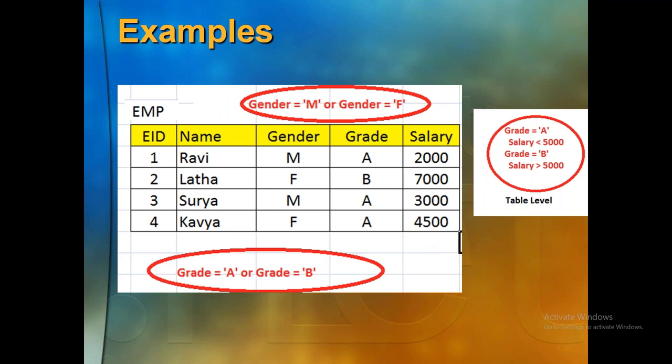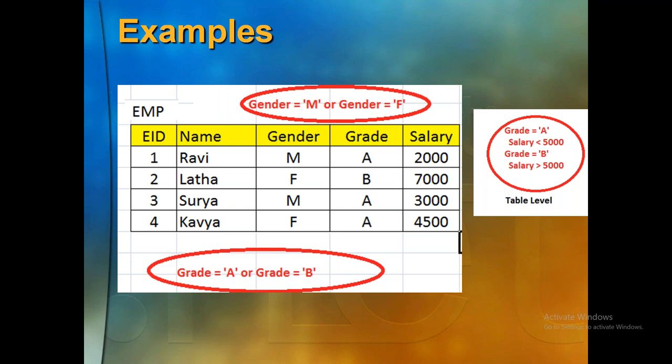Check constraints are very good for simple mathematical expressions. But if you want to implement complex expressions, you must not use a check constraint. Triggers need to be implemented. We'll discuss triggers later.